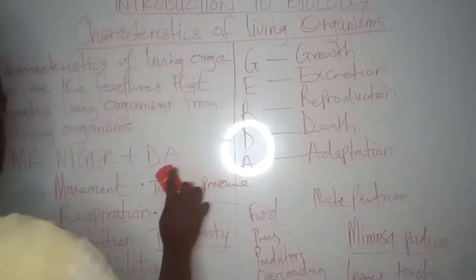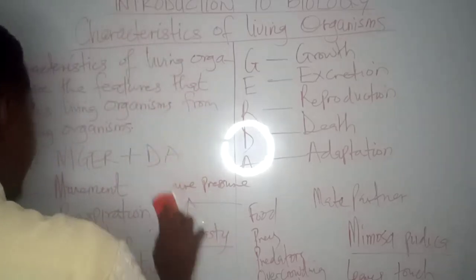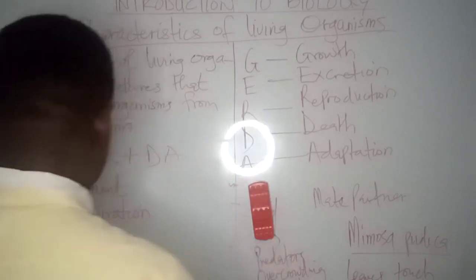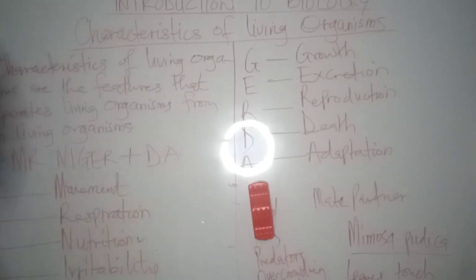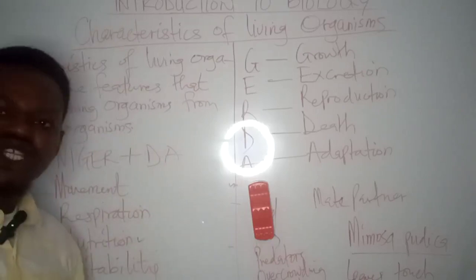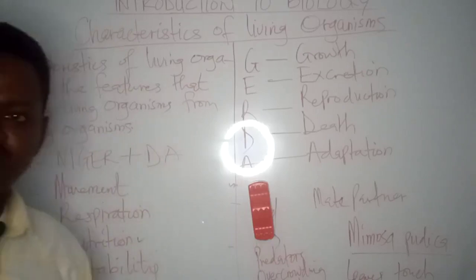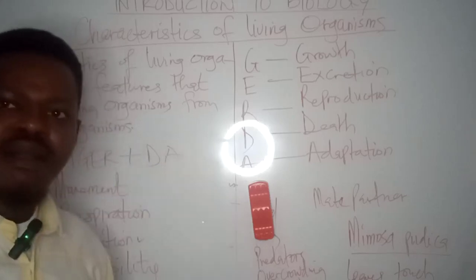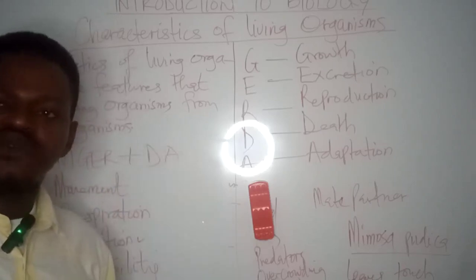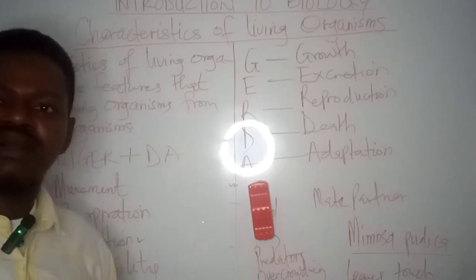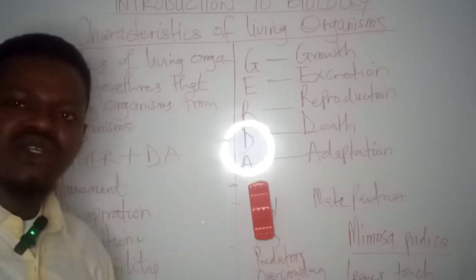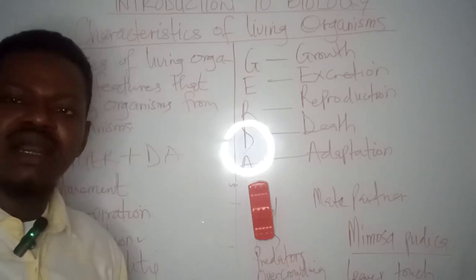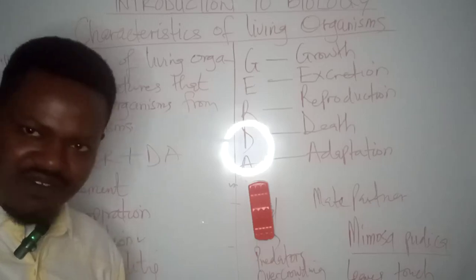All right, let's take a look at another feature of living things, and that is nutrition. Simply put, nutrition is the process where living things obtain food, synthesize food, manufacture food, and use this food for body activities such as growth, reproduction, and other bodily functions.